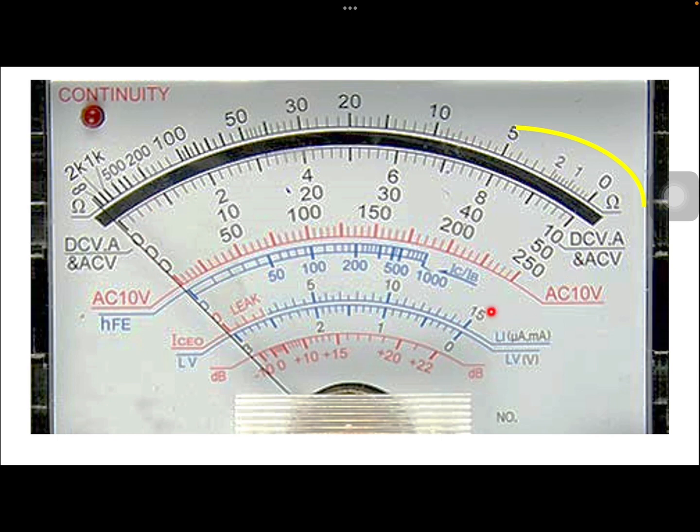So, disregard muna natin itong nasa baba. Sa taas tayo lahat mag-focus. Ayan, starting from 0 ohms up to 1K ohms or 2K ohms or hanggang dito sa infinity symbol.